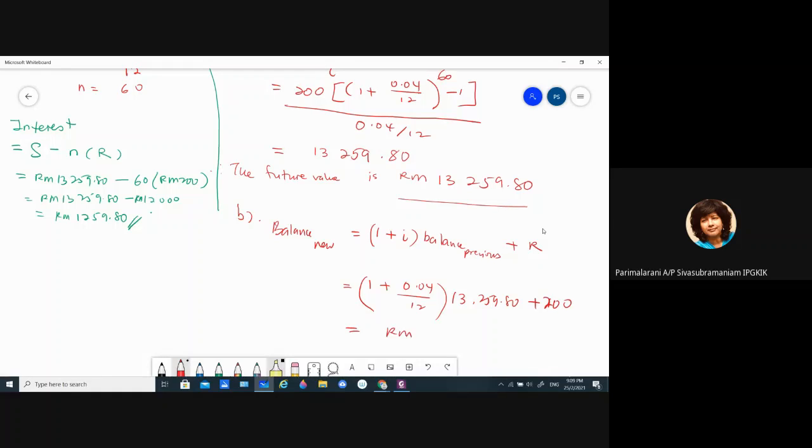So this is the new balance. This is the new formula that you need to know.